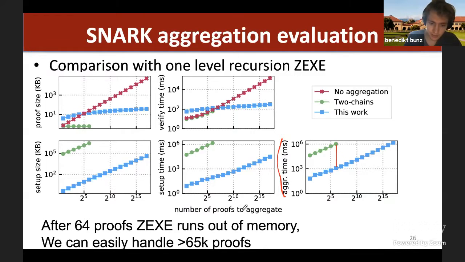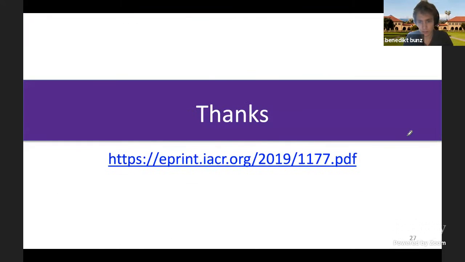And after that, the Zexe protocol runs out of memory, and we can continue our protocol without any of the issues. So it's about a factor of 900 to 1,000 times faster, and can be run on about 1,000 times greater instances. So yeah, thank you very much, and you can find the paper online.